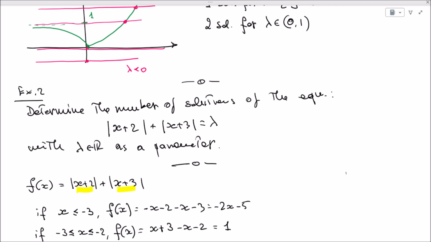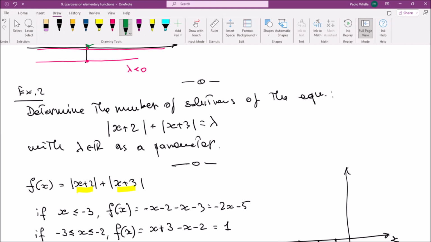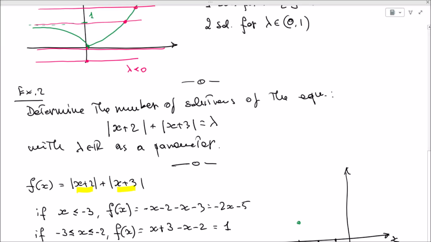So finally, we can draw the function, and we can identify minus 1, minus 2, minus 3 here, and we immediately see that in the segment from minus 3 to minus 2, this function is constant and equal to 1, while to the right of minus 2 or to the left of minus 3, we have a slope of plus 2 and minus 2 respectively.